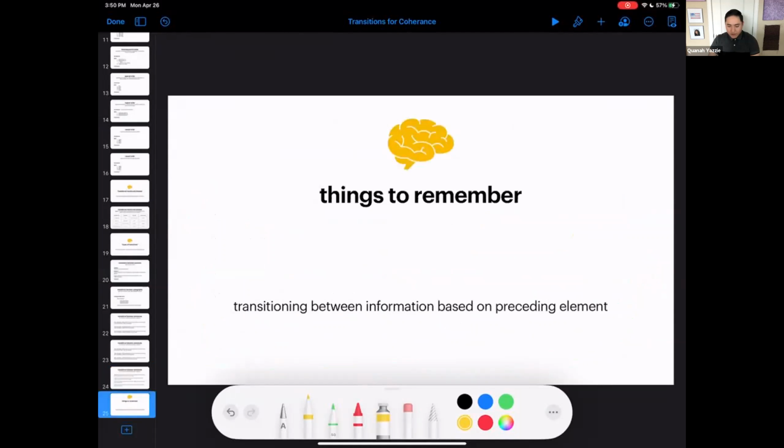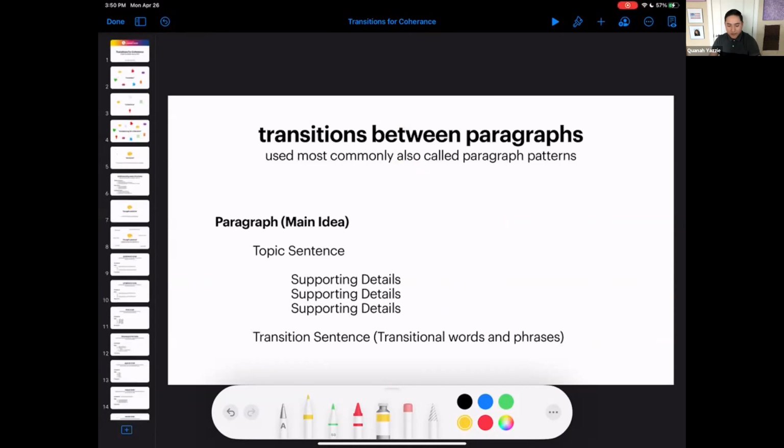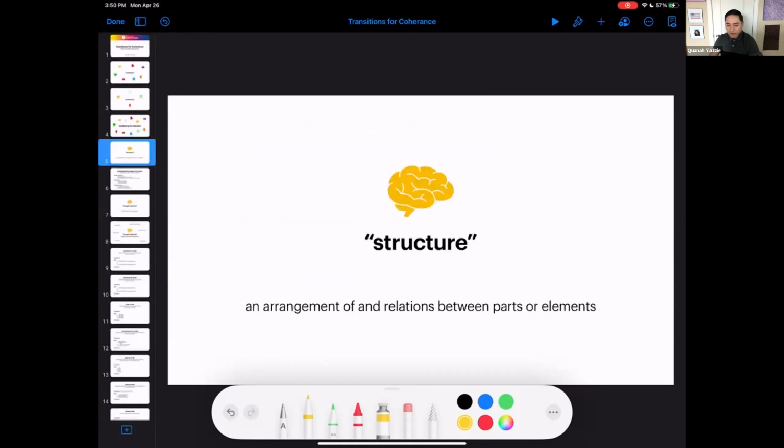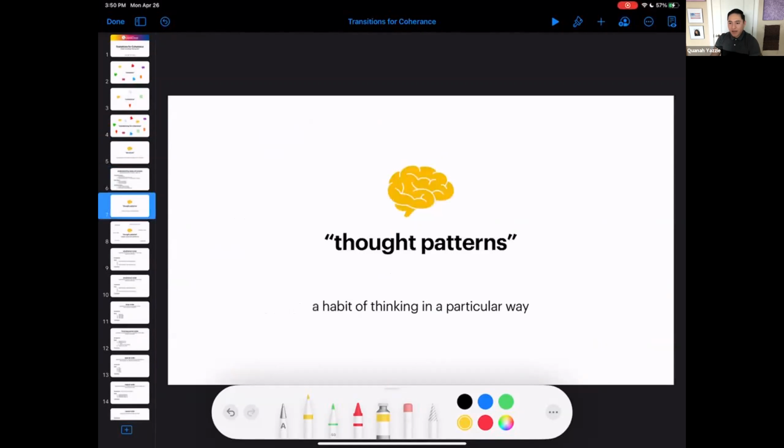So just some things to remember within my other one that I had, this is an incomplete one, but you want to look for structure. You have to know what essay structures are. So looking at a base structure just like this one would actually help in organizing information. And then keep in mind thought patterns.